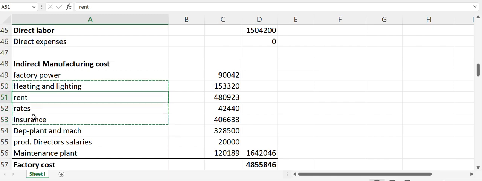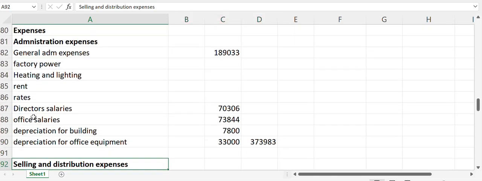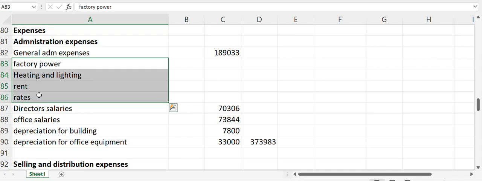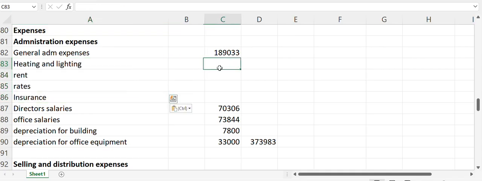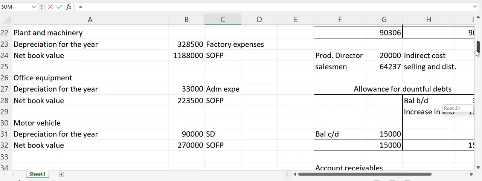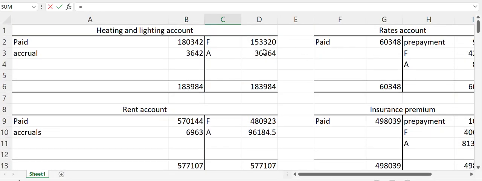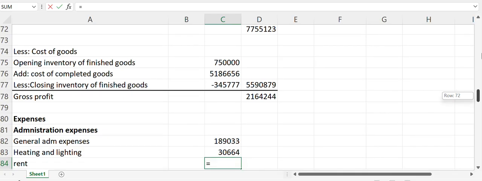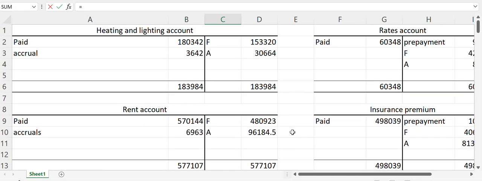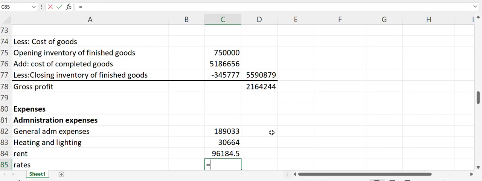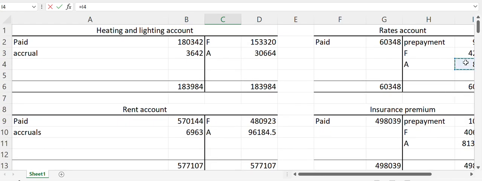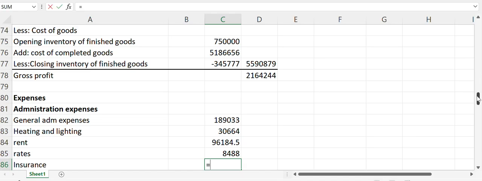Oh yeah, these ones. I picked the wrong items. So we begin with heat and lighting. So admin, that one. Then rent, that one. Then rates, then insurance.